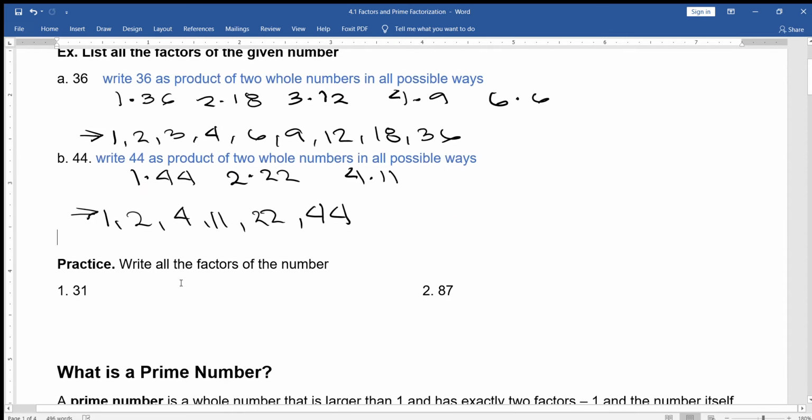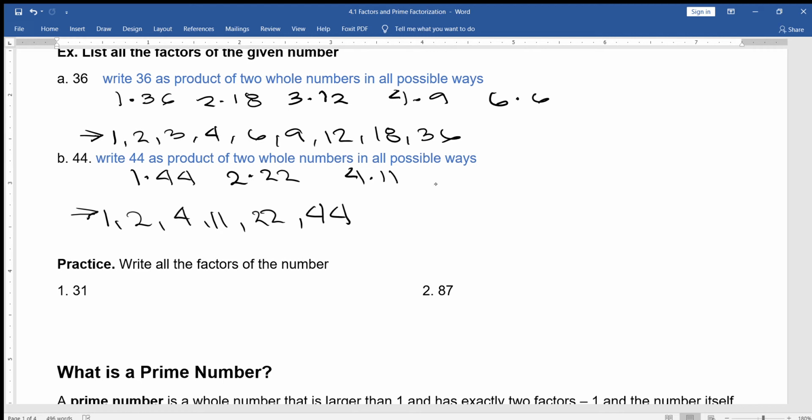So first of all, write all the factors of a number. How about you guys try? You can pause the video here and try on your own. Welcome back. Hopefully you did practice factoring by yourself.